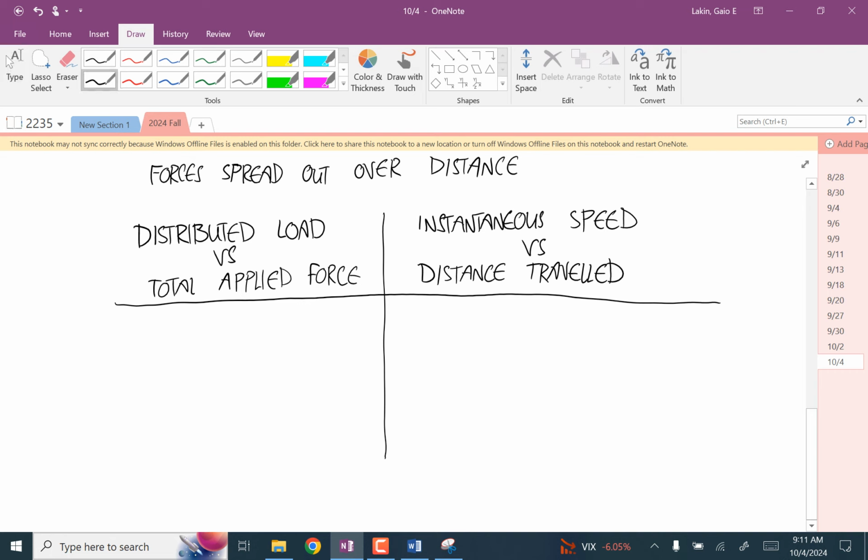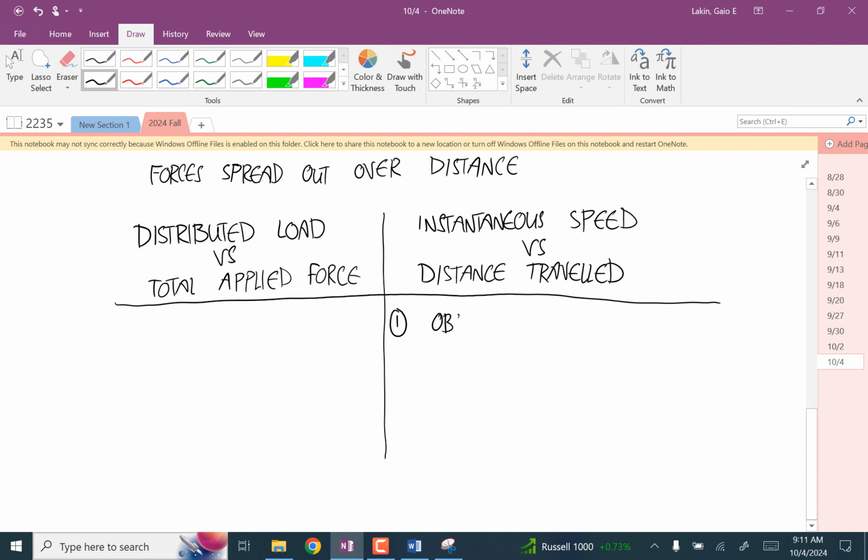So an instantaneous speed. If you think of something having some finite instantaneous speed, how far does it travel in a single instant? You know, the answer is none.